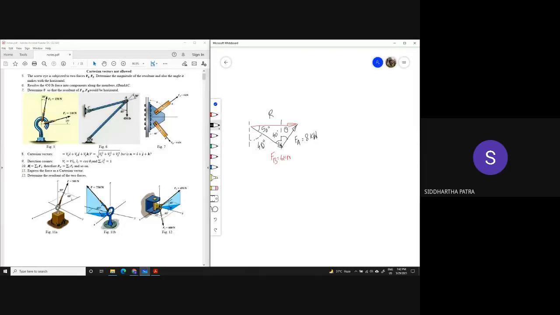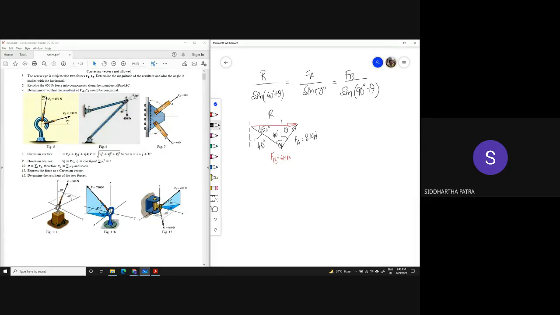So we have R by sine of 40 degrees plus theta equals FA divided by sine 50 degrees, and then FB divided by sine of whatever remains, which is 90 degrees minus theta, right?